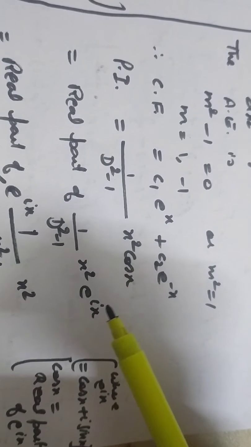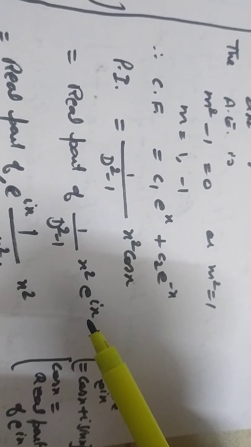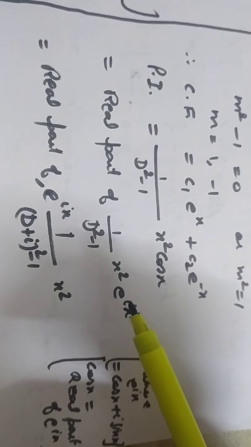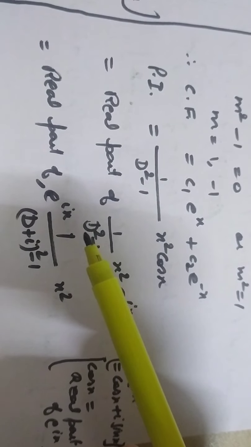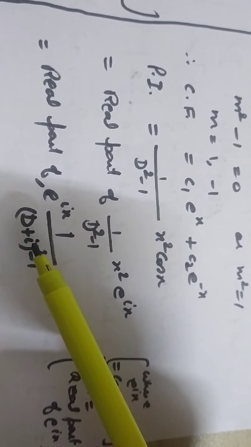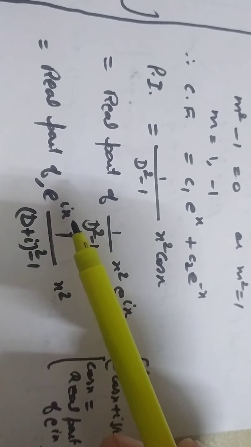Here cos x has been replaced by e raised to iota x. When e raised to iota x has been taken outside, you are replacing this D with D plus iota. Iota is the coefficient of x.